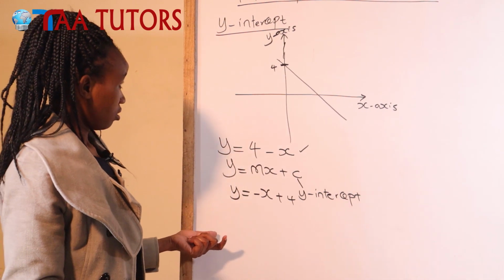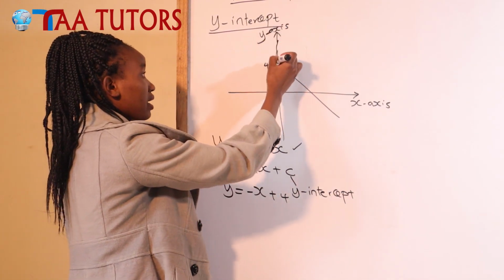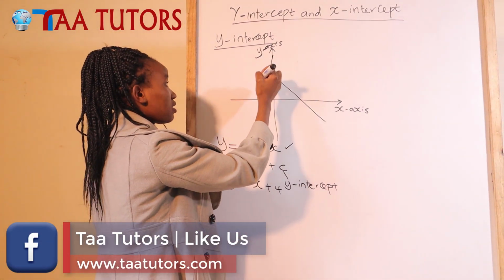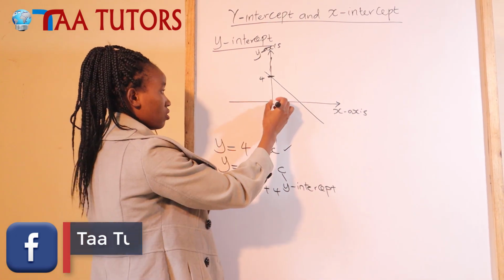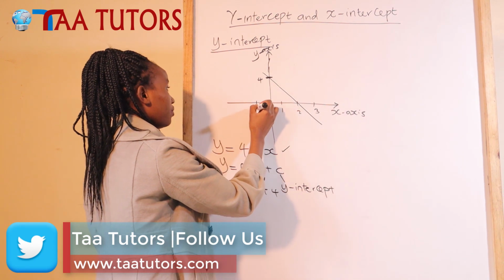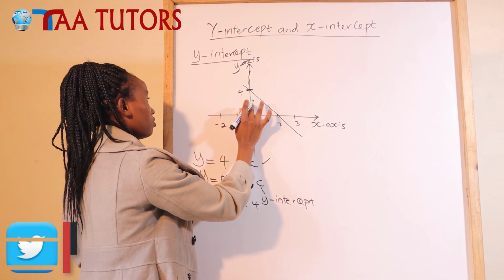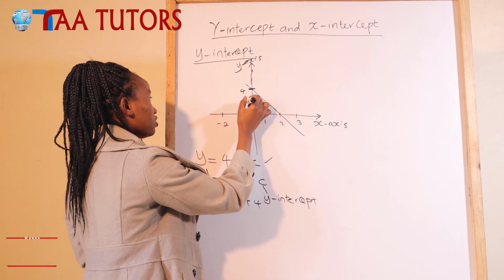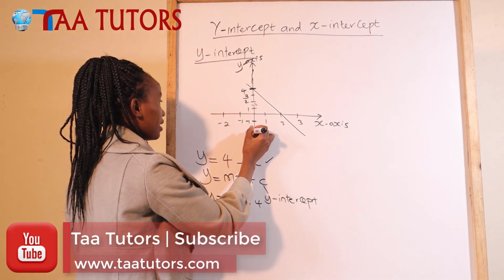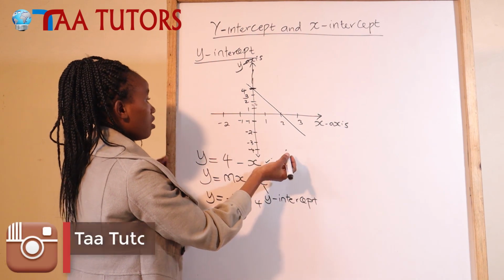Another thing you should know about the y-intercept is that if the line is cutting the y-axis at a certain point, it means that at this point, the value of x is equal to 0. So if this is our Cartesian plane, this is 1, 2, 3, negative 1, negative 2, negative 3, negative 4.